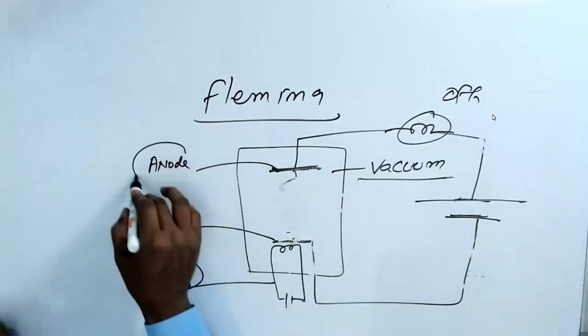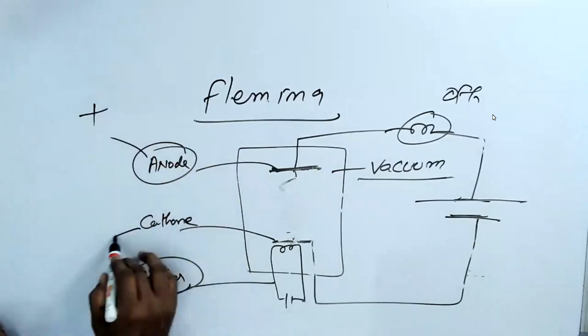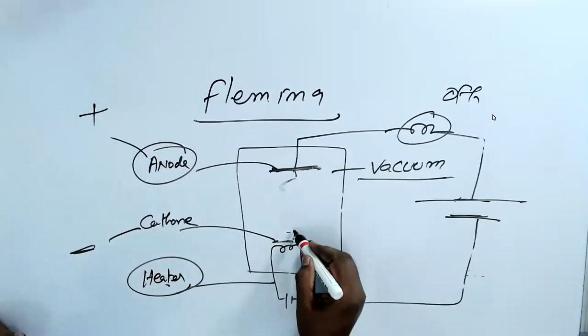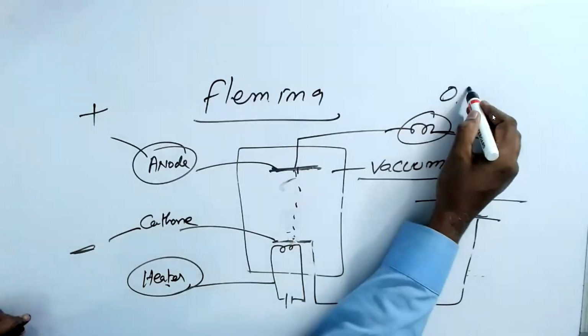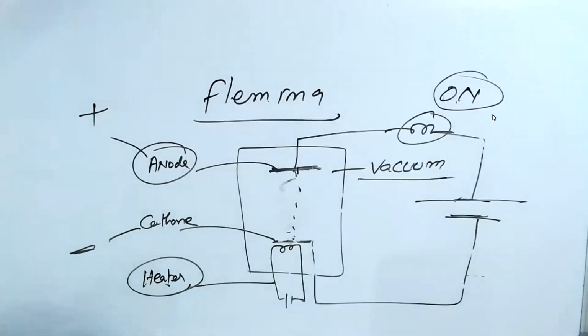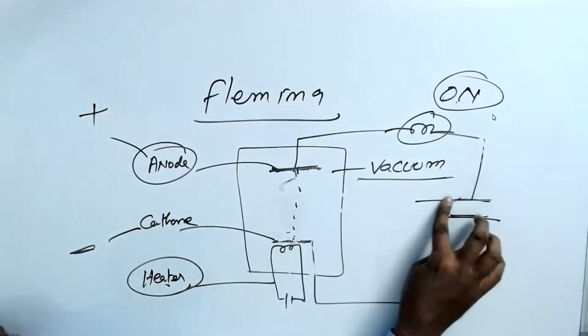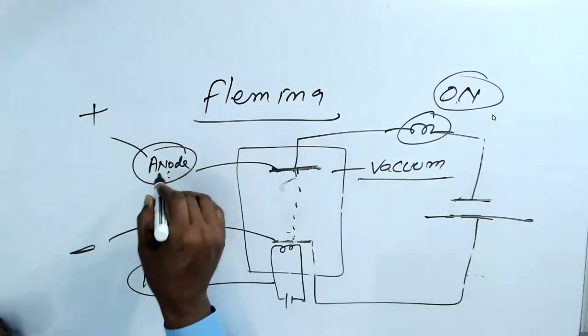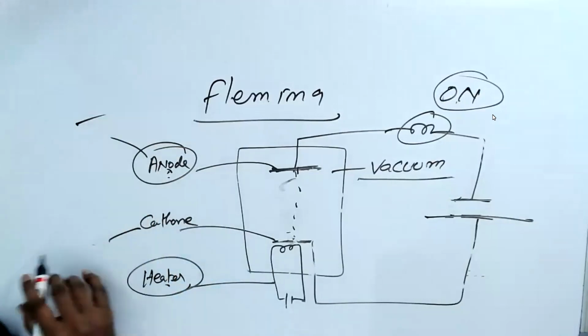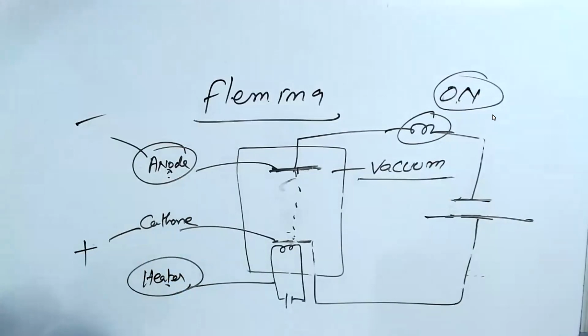If you connect anode to positive and cathode to negative, then the current flows and the bulb glows. But when anode is given negative and cathode is given positive, there is no current. Am I right?